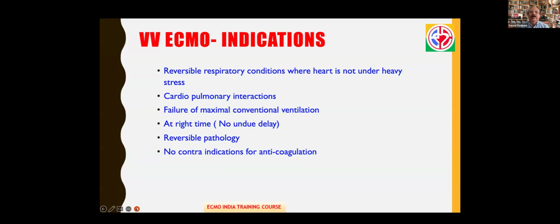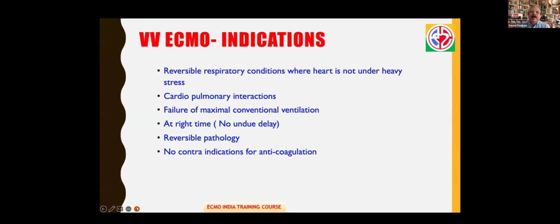If it is not reversible, the only reason for putting patients on ECMO is if you have plans for taking them through heart transplantation at a later date, then you can continue them on ECMO, because this is not a black and white scenario all the time. Sometimes it could be gray as well.